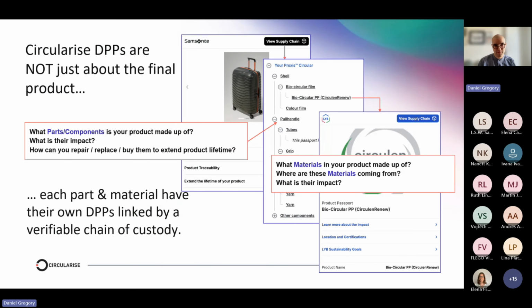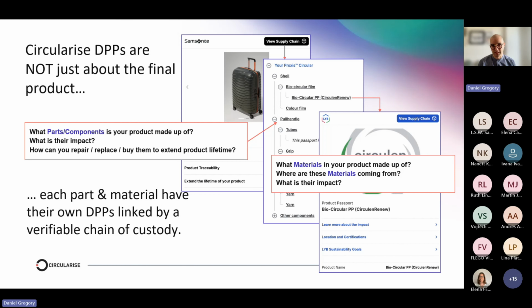An important thing is that it's not just for the final product. Something like the handle has its own DPP associated with it, and that is just added as another book to the bookshelf of the full suitcase passport. So you can stack all of these different things together and get insights on different parts of it that make it easier to make strategic circular decisions.